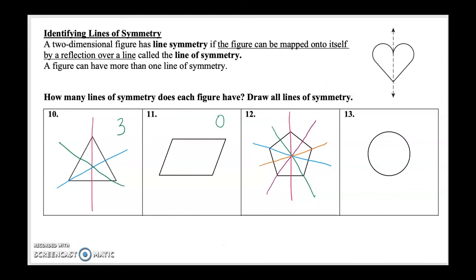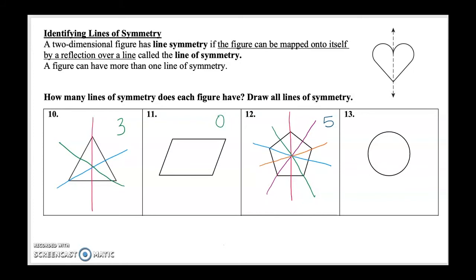So if you guessed 5, you are correct. And you want to be careful because remember that this line of symmetry is going all the way through. So if you were to count all the way around from this, you might count 10, but no, it's 1, 2, 3, 4, 5.